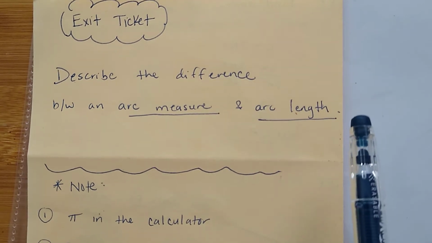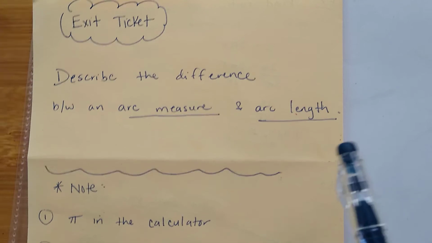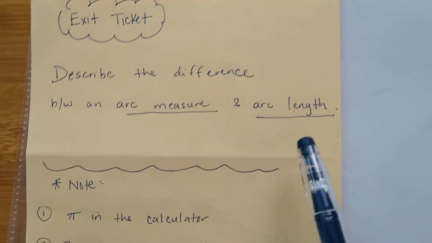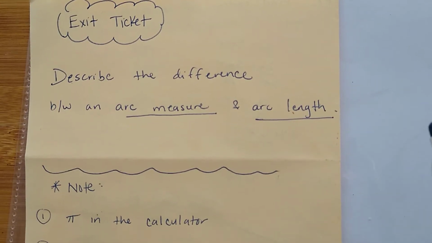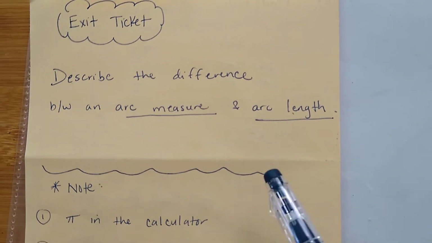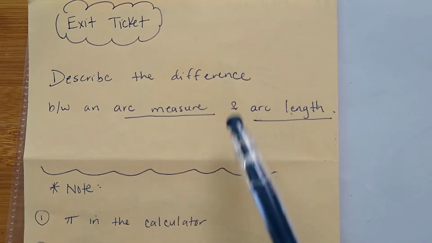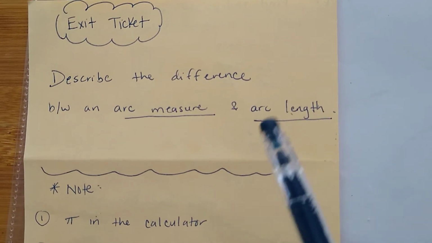So for example, there was one problem where we were working with a radius in centimeters, so the arc length was in centimeters. There was another one where we were working with a circle that had a radius with units of meters, so therefore the arc length was also in meters.